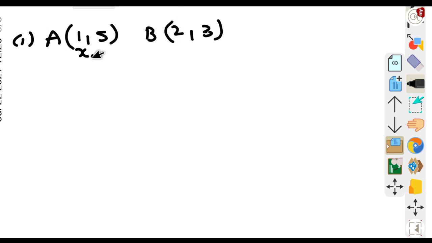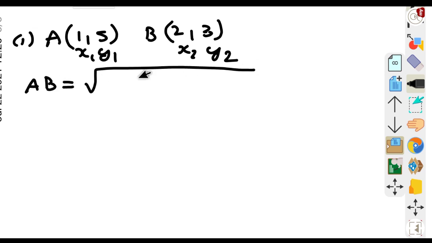First I'll take the coordinates of A and B, nothing but I'll find the distance between A, B. So A coordinates are 1 comma 5 and B coordinates are 2 comma 3. As usual call the first one x1 y1, the second one x2 y2. Now you need to find the distance between AB first.